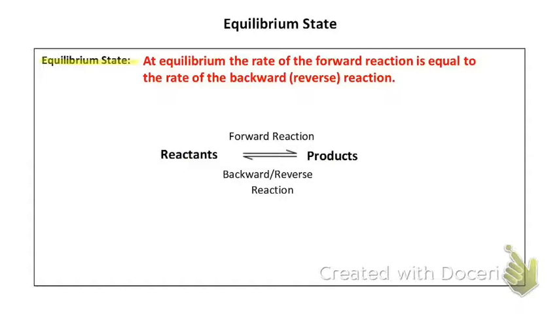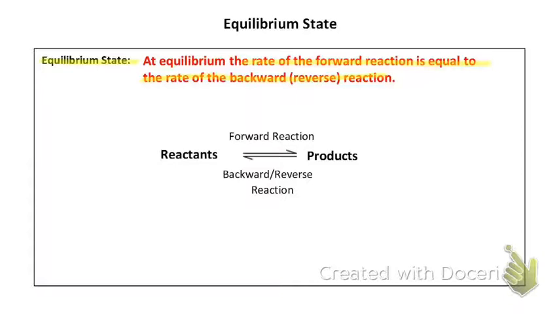An equilibrium state just means that the rate of the forward reaction is equal to the rate of the backwards or reverse reaction. All right. Throughout this unit, we are going to focus on systems that have reached equilibrium and how we can disrupt or change the equilibrium once it's been established.